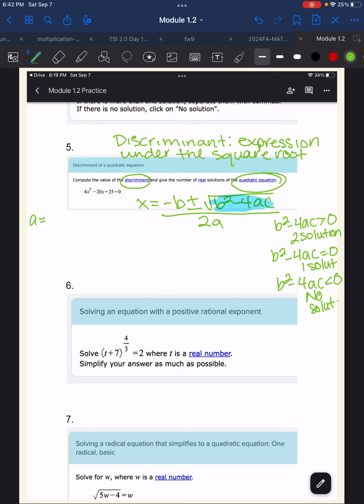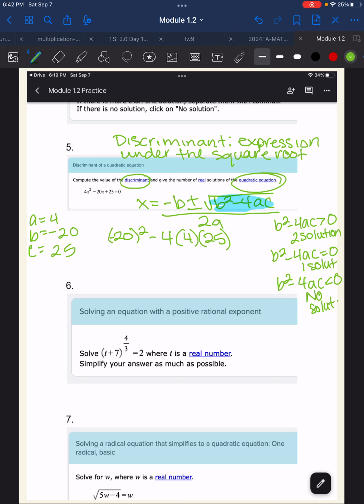Well, let's identify our A, our B, and our C. Our A is 4, our B is negative 20, and our C is 25. We're only looking underneath the square root. So B squared is negative 20 squared, minus 4 times A, which is 4, times C, which is 25.